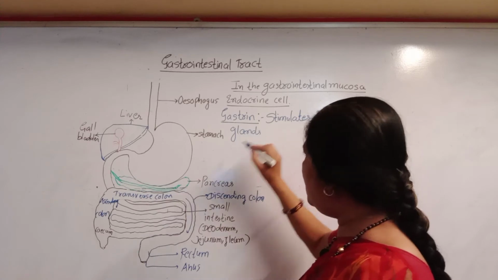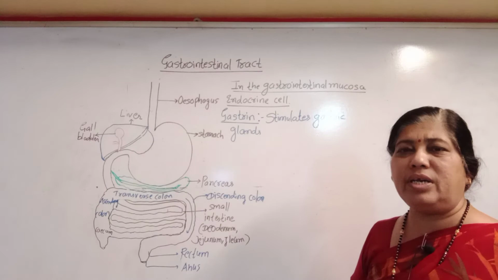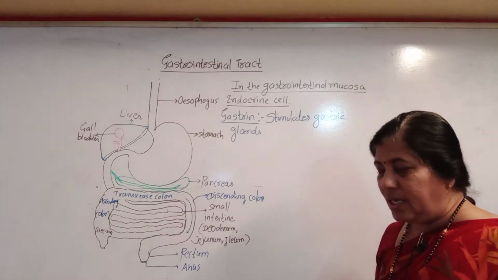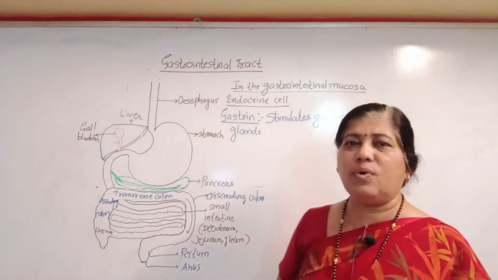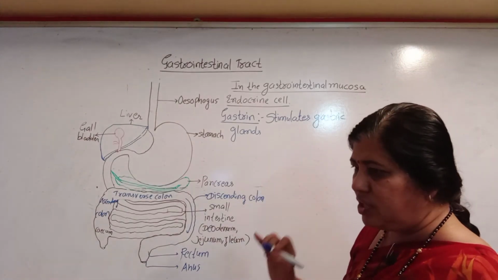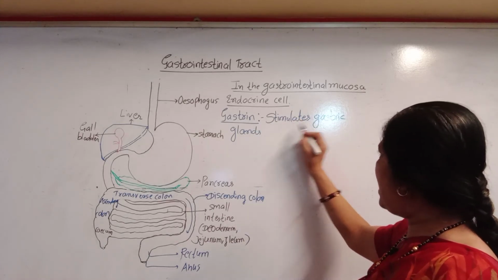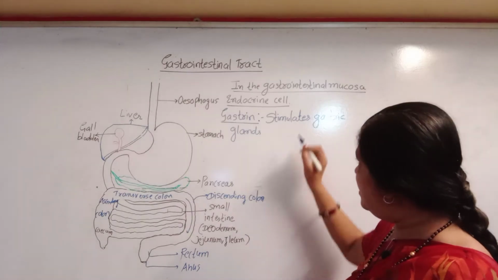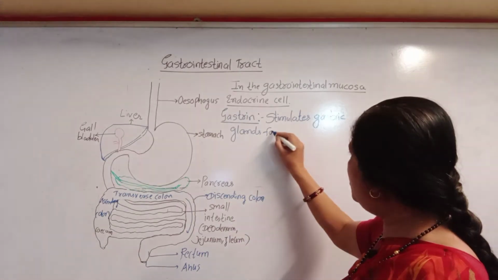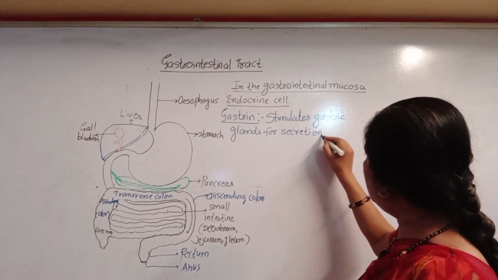Gastric glands secrete gastric juice, and that gastric juice contains HCl, that is hydrochloric acid, and mucus, and some enzymes. So the gastrin hormone stimulates gastric glands for secretion of gastric juice.